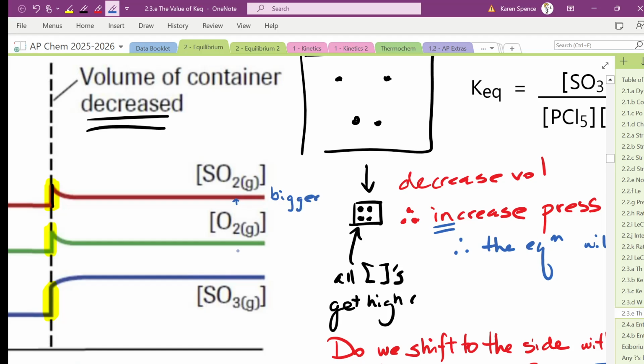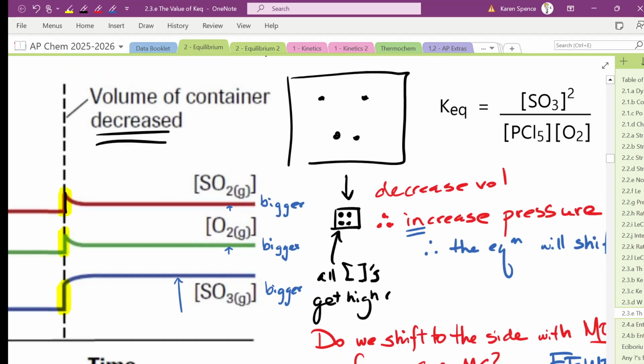Yes? Bigger. And bigger. And since the numerator got bigger and the denominator got bigger, what happened to the ratio? Stayed the same.